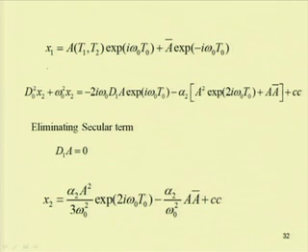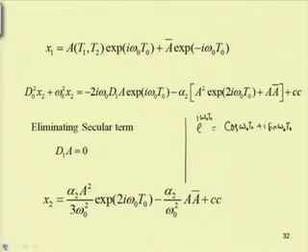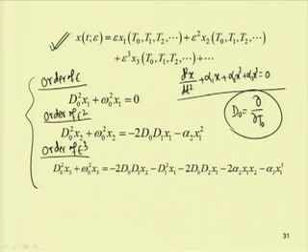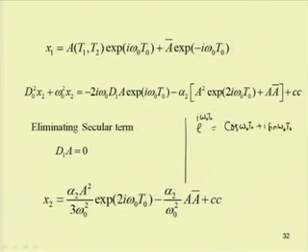So, x 1 equal to a of t 1, t 2 e to the power i omega 0 t 0 plus a bar e to the power minus i omega 0 t 0. As you know, e to the power i omega 0 t 0 equal to cos omega 0 t 0 plus i sin omega 0 t 0. So, the harmonic solution of this equation, that is a cos omega 0 t 0 or a sin omega 0 t 0, can be written by using this exponential function.